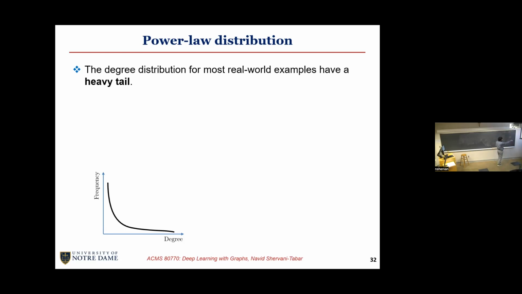You will have a distribution like this, where the tail is non-trivial. In an exponential family type of distribution, your distribution goes to 0 really fast. But here it's not like that. For a significant while, you will see that this distribution is non-zero. We call that a heavy tail.